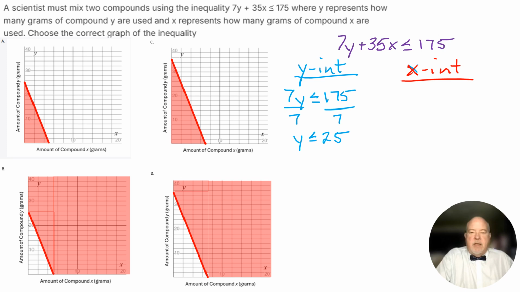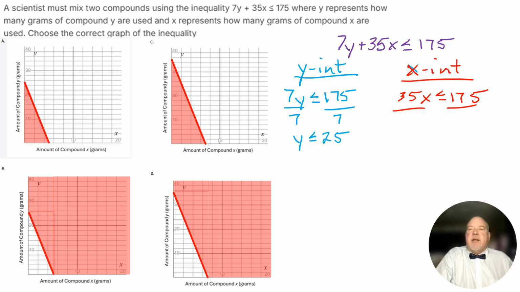All right, so the x-intercept, I basically do the opposite. So the x-intercept occurs where y is 0. So if I look at the x-intercept, the y value over here is 0. So I plug in 0 for y, that makes this go away, and then I'll just solve what I have left. So I have 35x is less than or equal to 175.